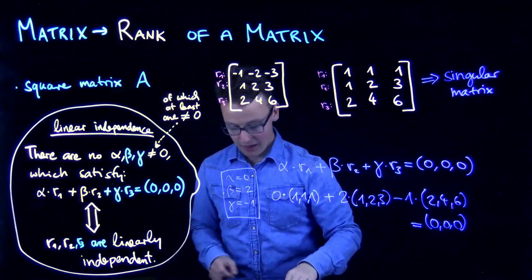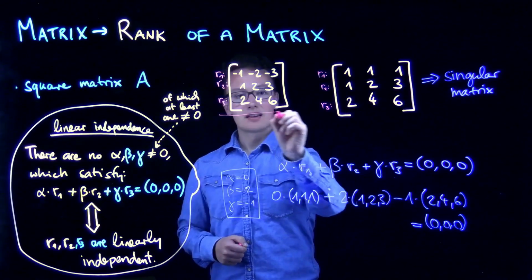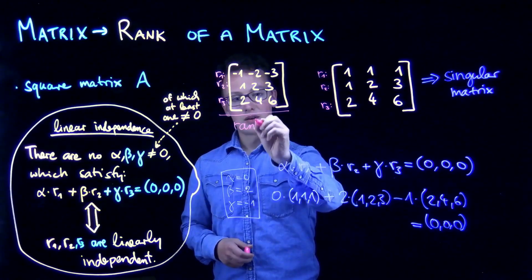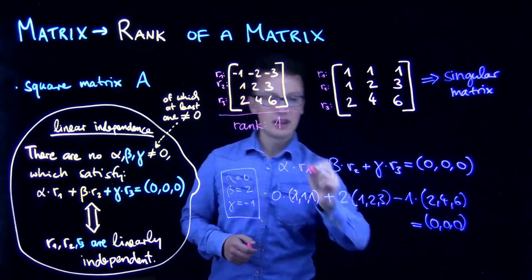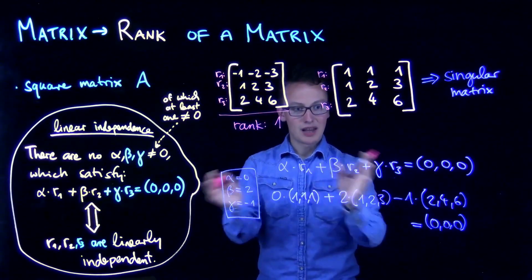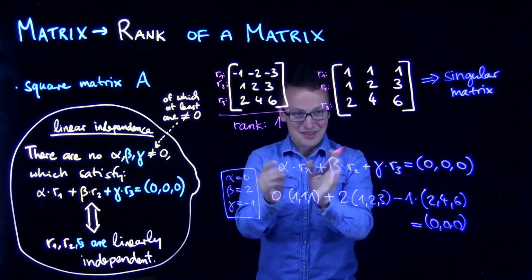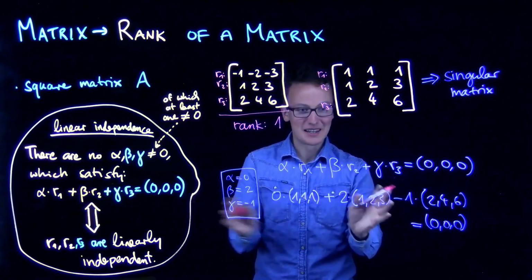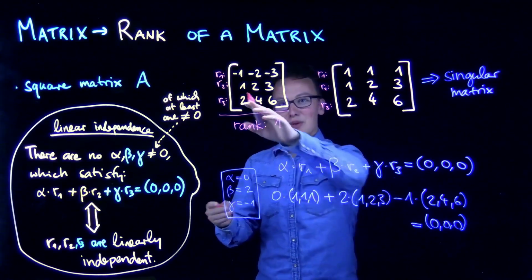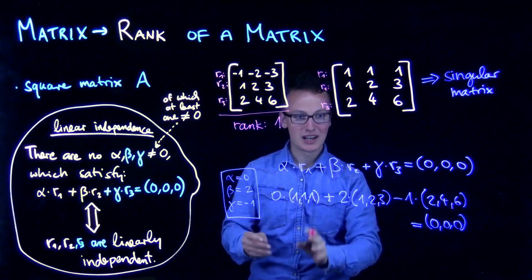So we would say that the rank of this matrix over here is just 1, meaning that there is only one row at maximum that you can consider in isolation which is linearly independent. Like one single row is always linearly independent by itself. But once you add another row, you will always find a linear dependence. So you can't have any 2 rows which are linearly independent.